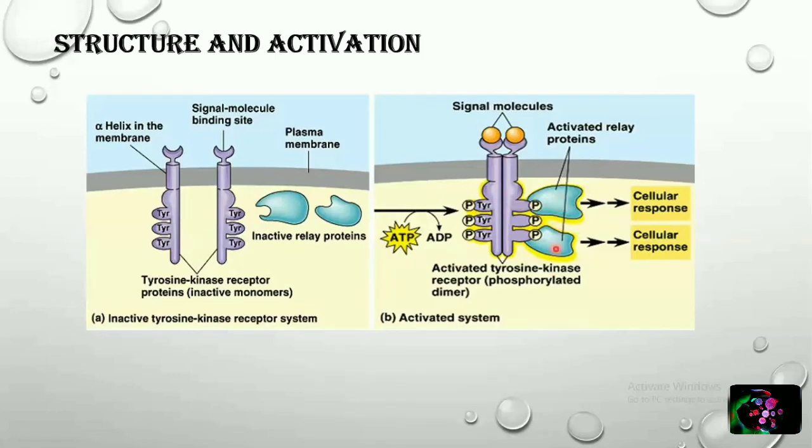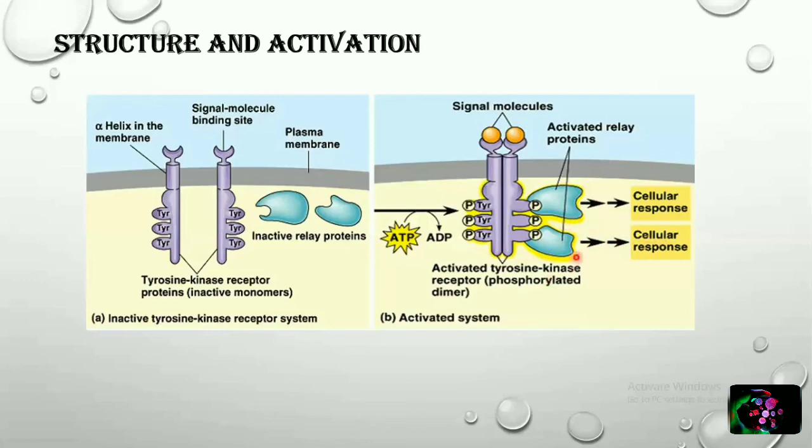These are the proteins, and each protein can trigger a separate cellular response. The first protein triggers the first cellular response, and the second protein triggers the second cellular response.